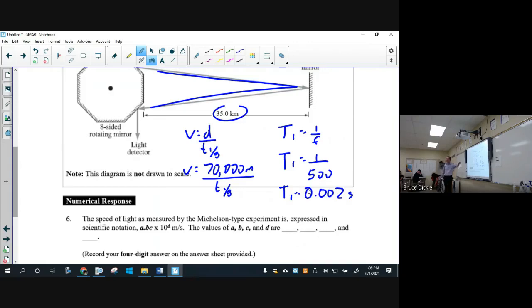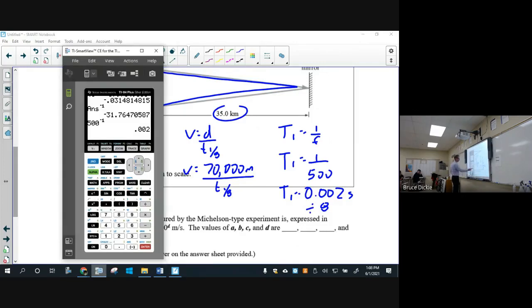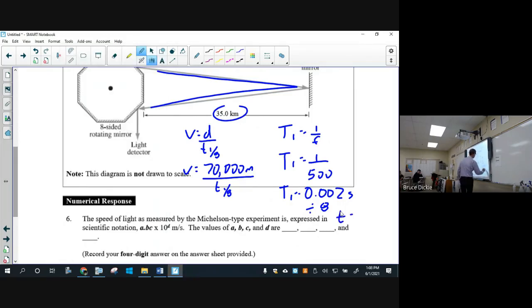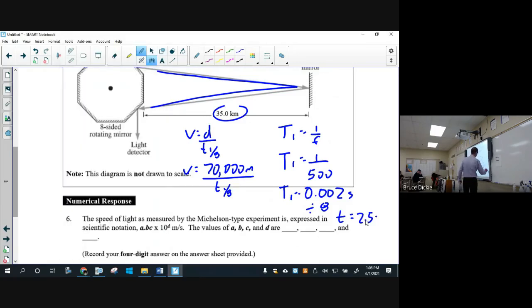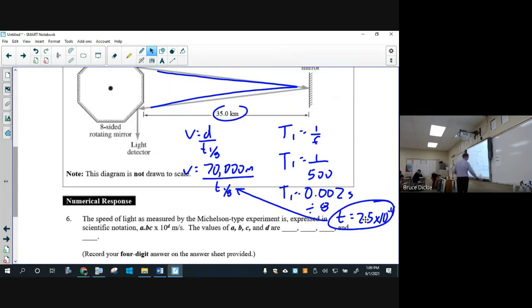I got big T, I need a little t. Yeah, divide by 8. That gives us a little t of 2.5 times 10 to the minus 4. Take that number, sub it in here, 70,000 divided by 2.5 times 10 to the minus 4 gives me 2.80 times 10 to the 8.